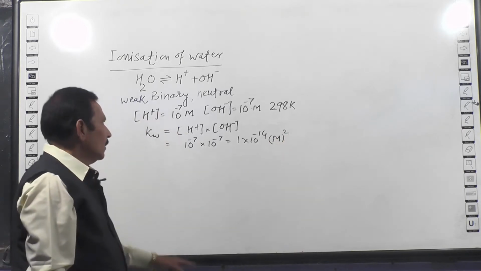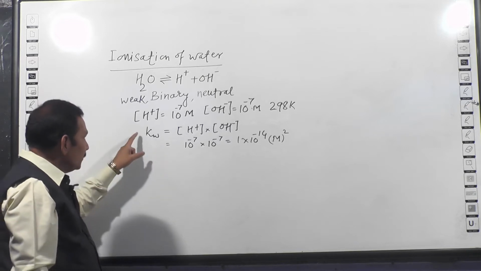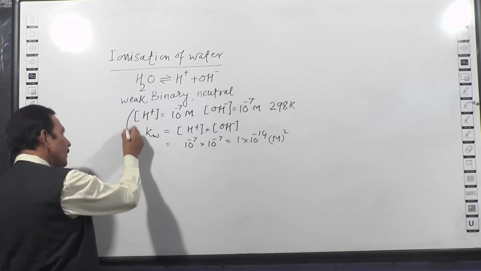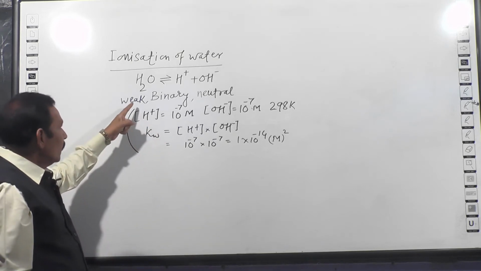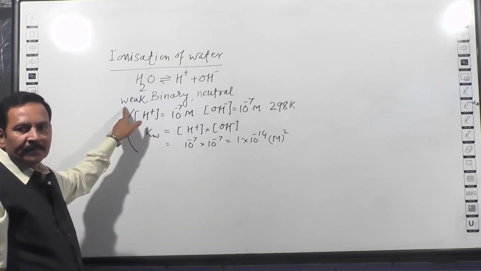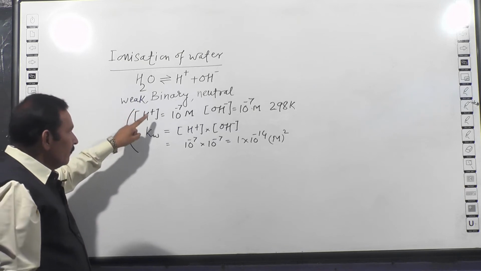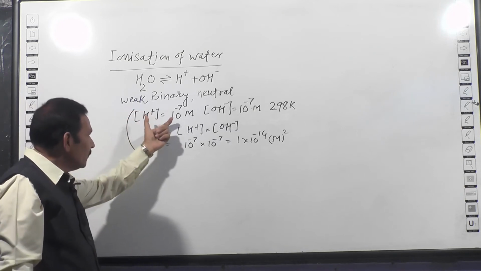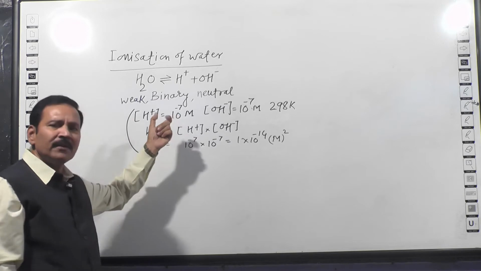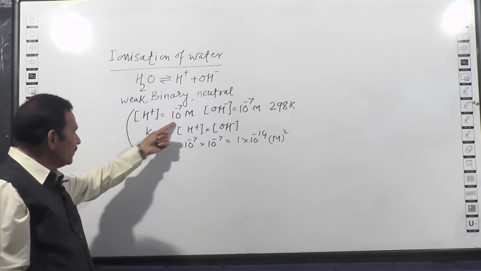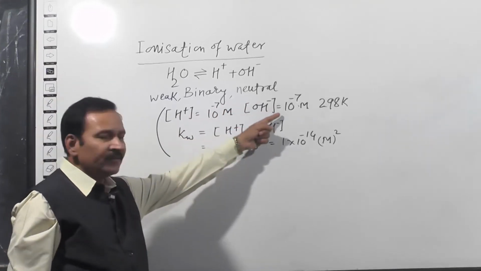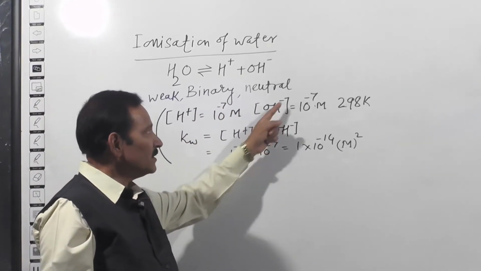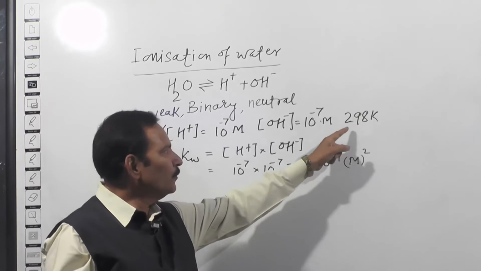Because of this property, water is called a weak electrolyte. Weak in the sense the ions produced from water at equilibrium stage are very, very small: 10 to the power minus 7 H+, 10 to the power minus 7 OH- at normal temperature of 298 Kelvin.